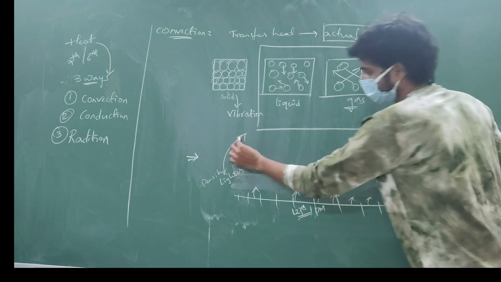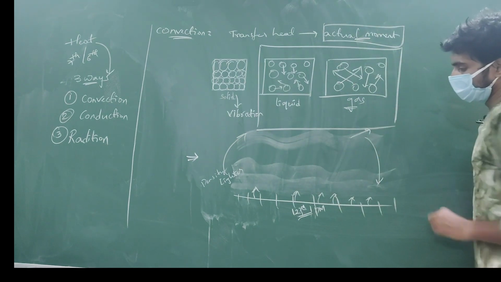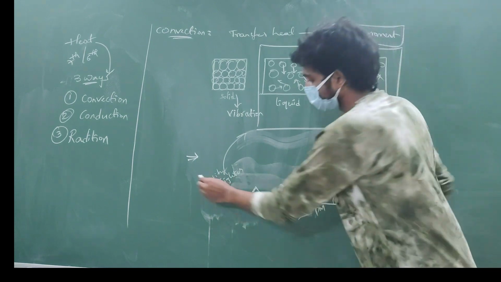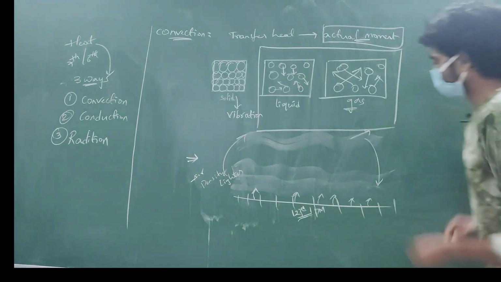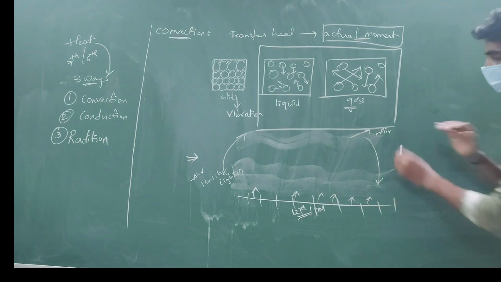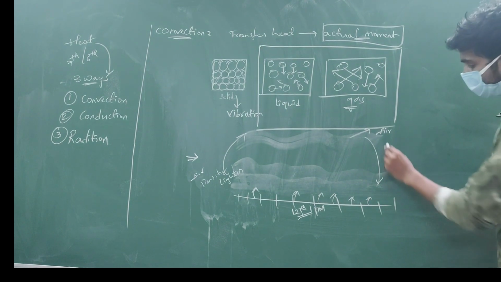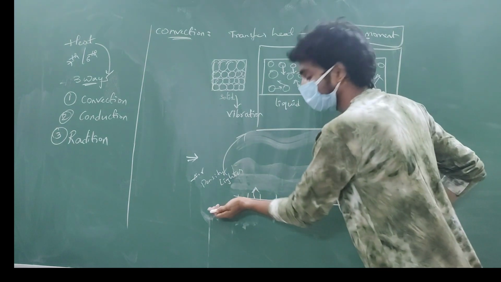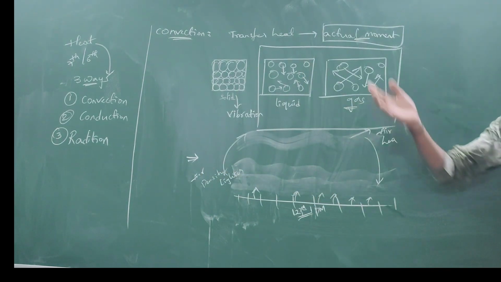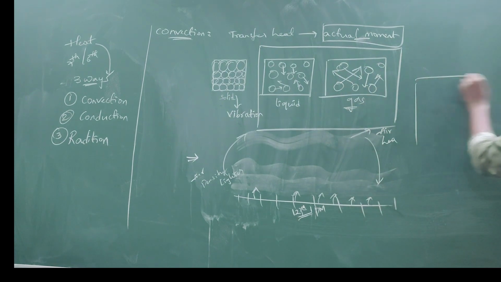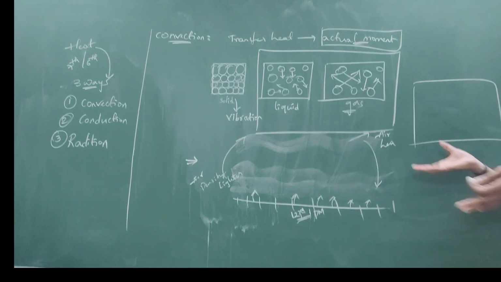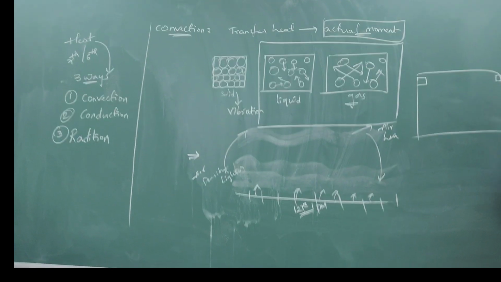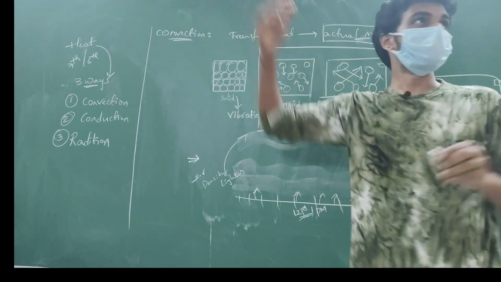If you consider the air in the topmost layer, due to the heat energy the air here gets absorbed and its density becomes lighter, and the air density at the top level becomes heavier compared to here. What might happen is heavier particles come down and lighter particles move up. That is the reason in your classroom there is ventilation, right?